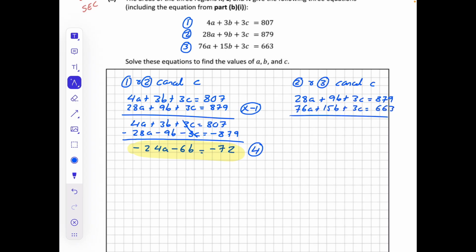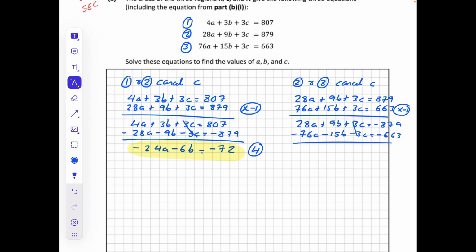Okay, cancel C's again, just need to multiply the bottom line by negative 1. Okay, C's will cancel.